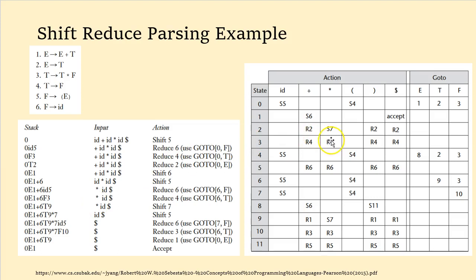State 3 multiplication sign says reduce using rule 4. Rule 4 backwards says replace the F with a T. So now I'm going to remove this F 3, and I'm in state 6, right?